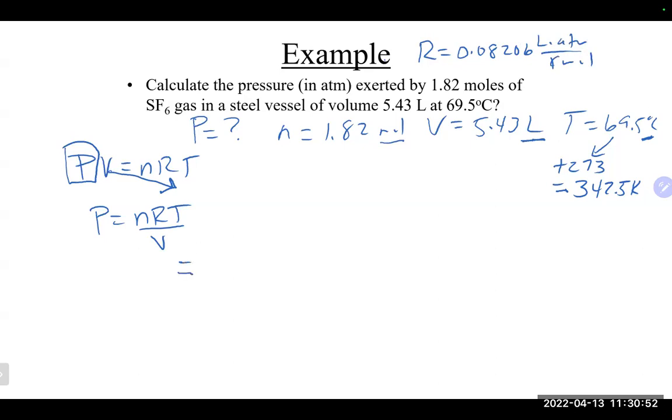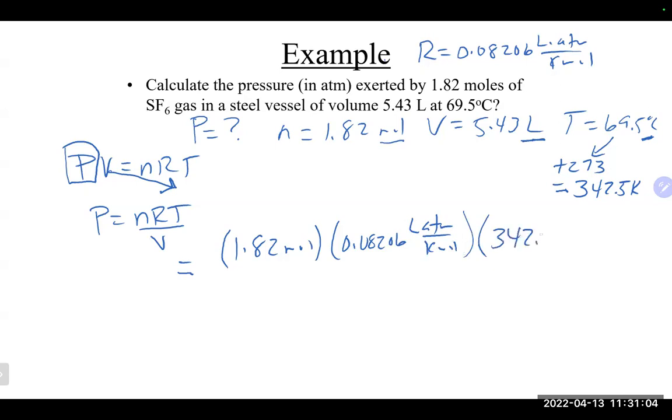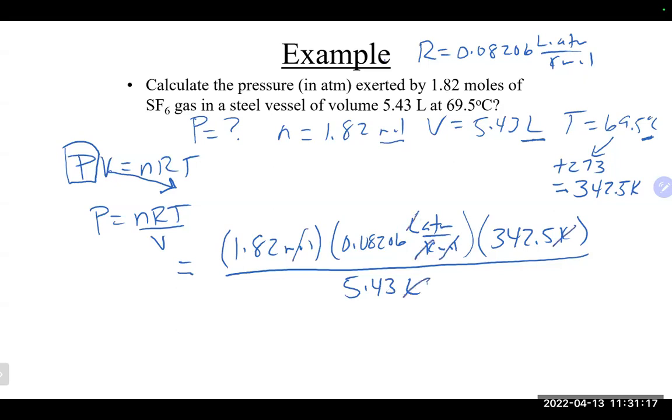So putting it in would give us 1.82 moles times 0.08206 liters atmosphere per Kelvin per mole, times our temperature of 342.5 Kelvin, divided by our volume of 5.43 liters. The moles here will cancel, the Kelvin will cancel, the liters will cancel.